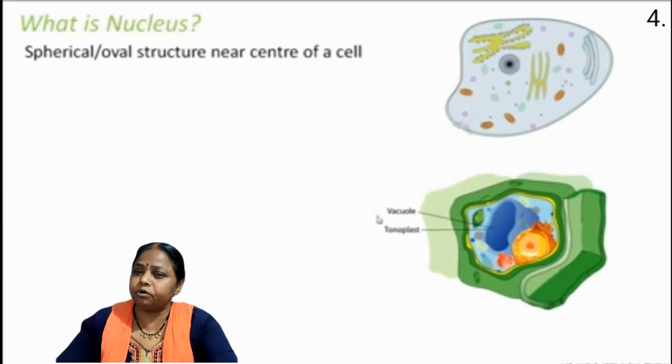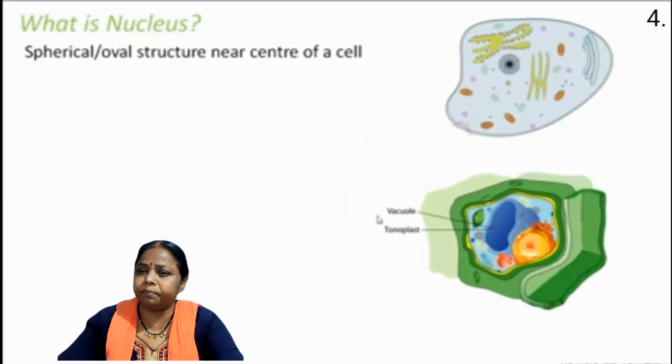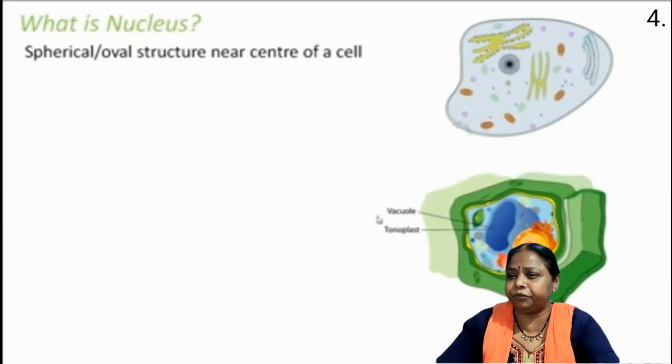We will be discussing about these things later on. But just you know that is what is nucleus. Nucleus is spherical oval structure which is almost present at the center of a cell. It is present in almost all plants of animal cells, except few like bacteria, algae, where we don't find a prominent nucleus, though we find nucleic acid present there.